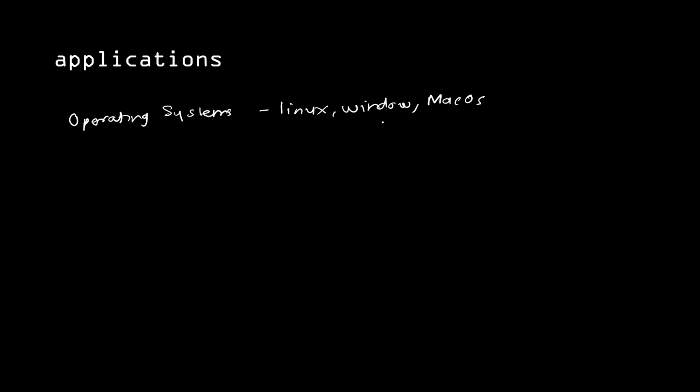All of these popular operating systems are also built using C. We can also use C programming for embedded systems, like microcontrollers and microprocessors.